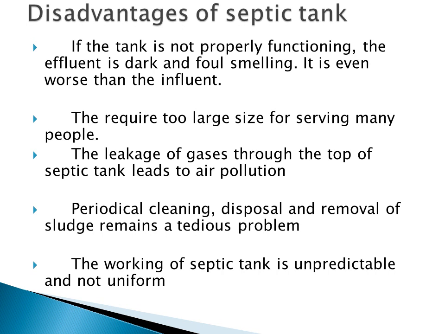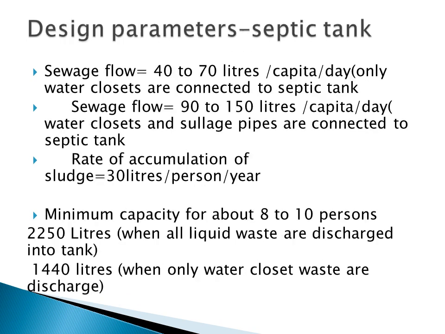So always we have to check the working of the septic tank, whether there is any leakage or not, and whether any bad odor is coming out from the septic tank. If it shows some leakages within the septic tank, then the sludge has to be removed and it has to be maintained well. It should be checked, and periodic cleaning is most important. A minimum of 6 months to 12 months we have to go for this periodic cleaning of the septic tank.